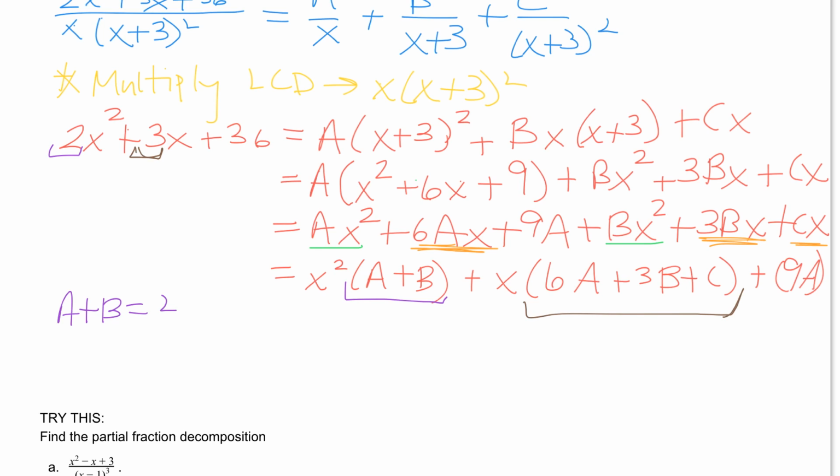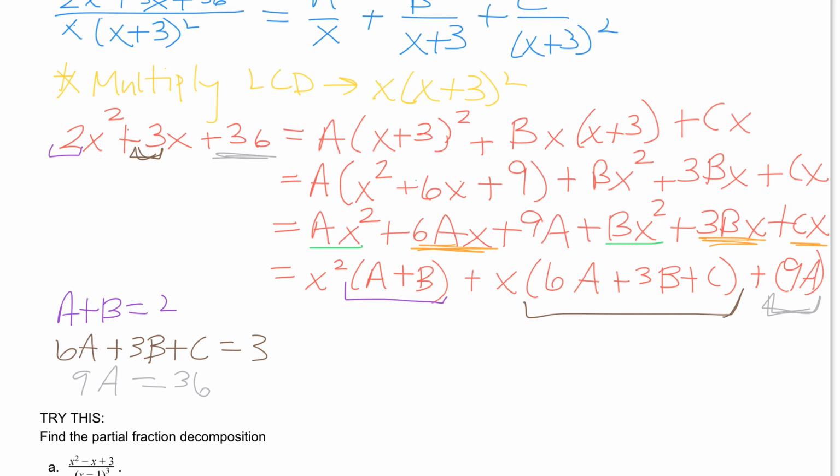That's the coefficient of my x, which is 3. So I know 6a plus 3b plus c has to equal 3. And then finally, I know that my 9a here is my constant, which has to match my constant over here. So I know that 9a has to equal 36.